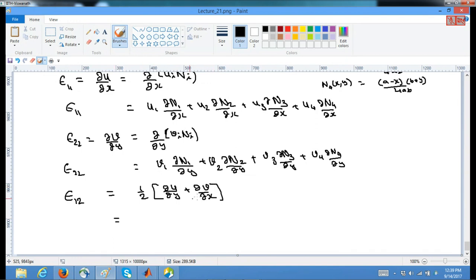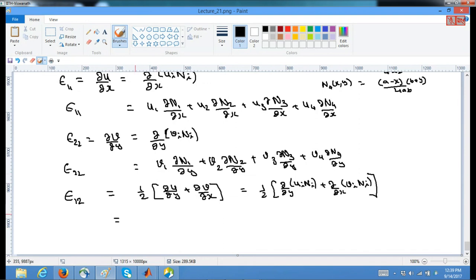That can be written as 1/2 dou by dou y of ui ni plus dou by dou x of vi ni.